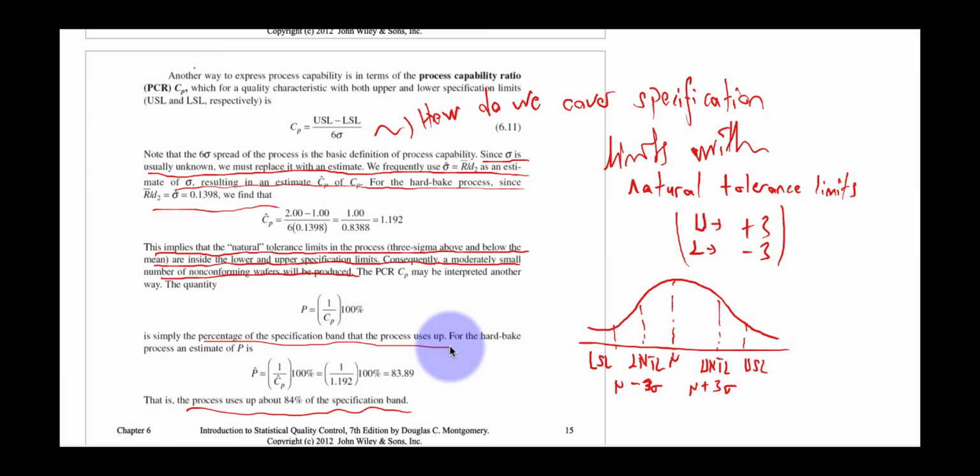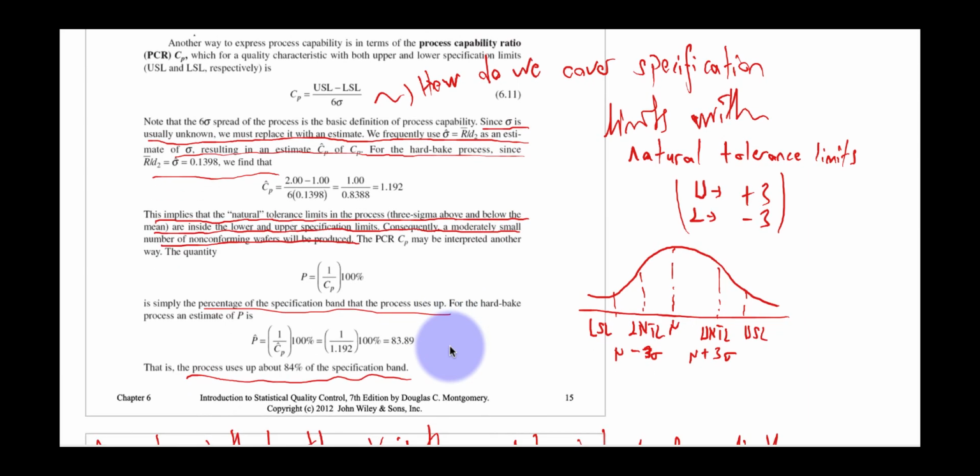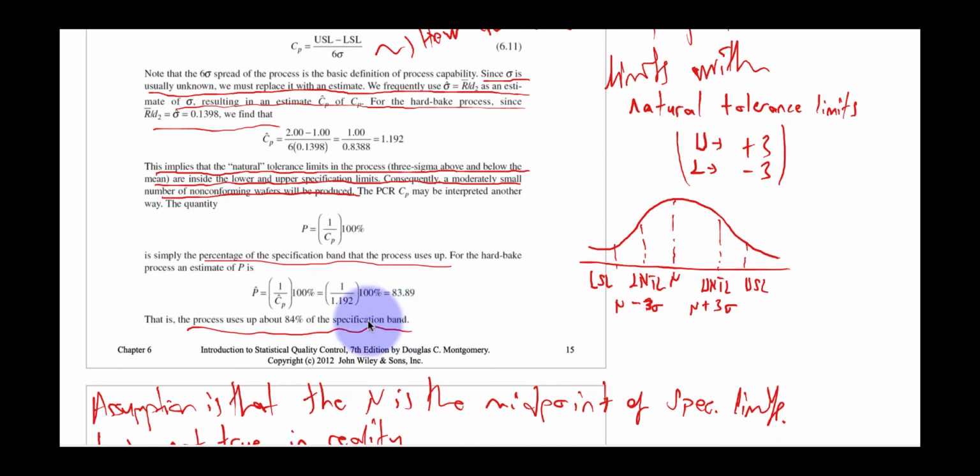So the process will use up a portion of the specification limits, and when we calculate this percentage, it will give us some insights about the process performance. So this is the formulation we have. For example, in the hard bake process, this is 83%. So the process uses up about 84% of the specification band.